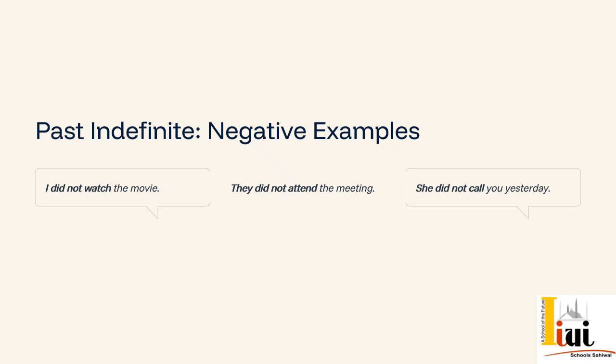So we use watch, which is the first form of verb, in it. They did not attend the meeting. She did not call you yesterday. The word did stays the same for all subjects and the verb is returned to its base form, which is the first form of verb.